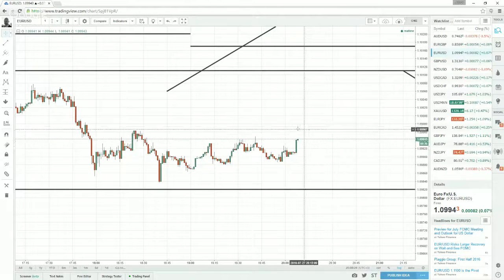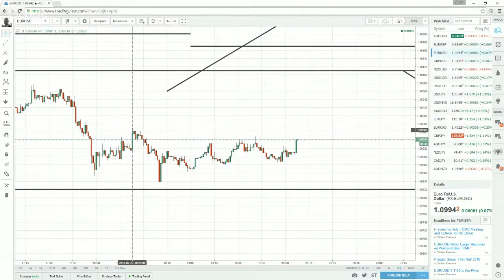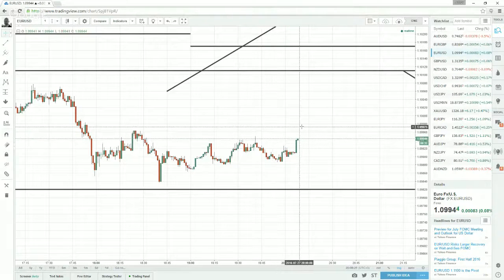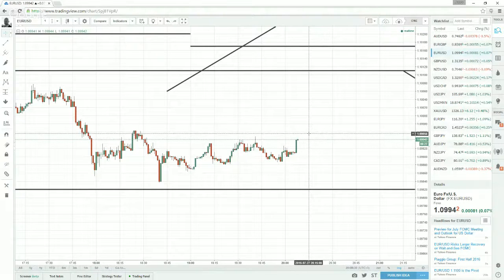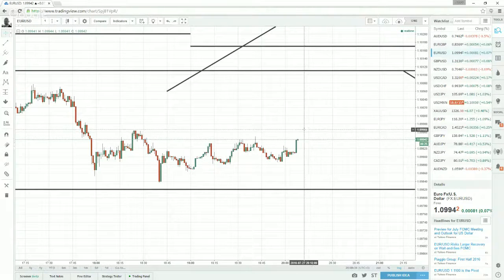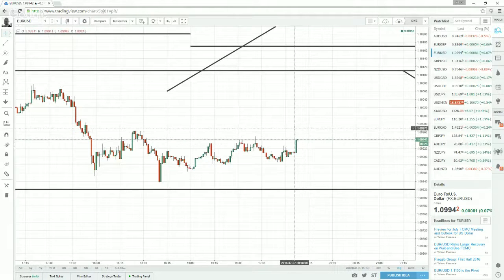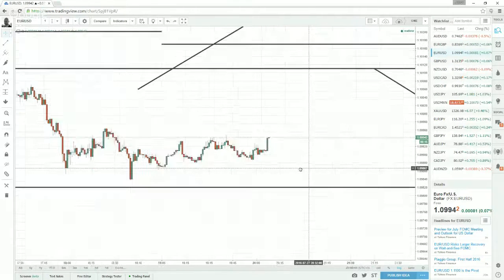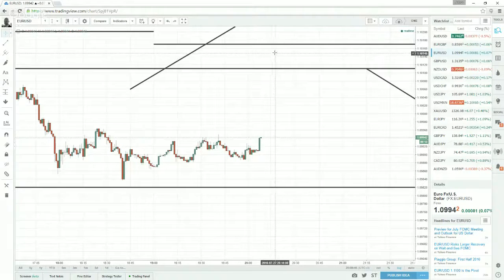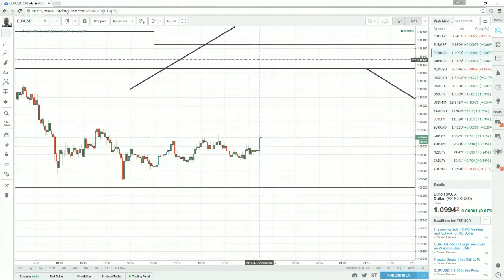The third or fourth minute has to close above this level. If it closes above this level, we simply press the buy button and enter a long position. This is a break-even point, so in case the market won't go anywhere in particular, then we can have a break-even here.